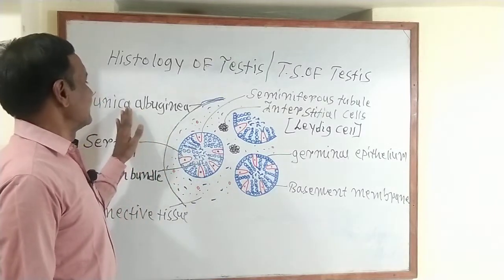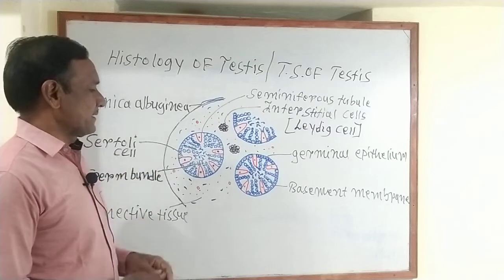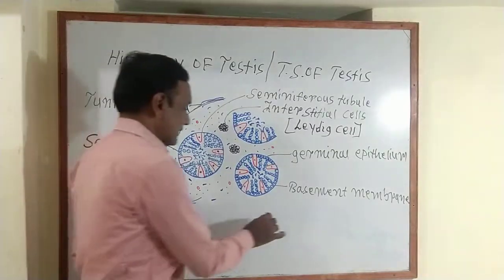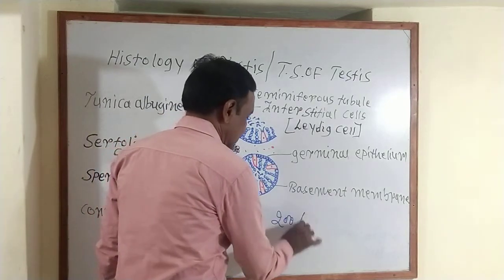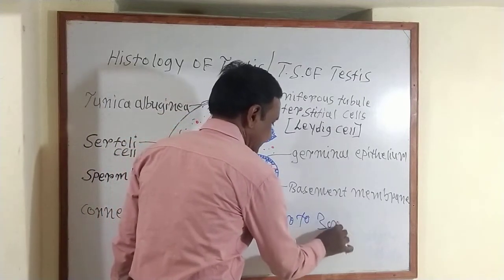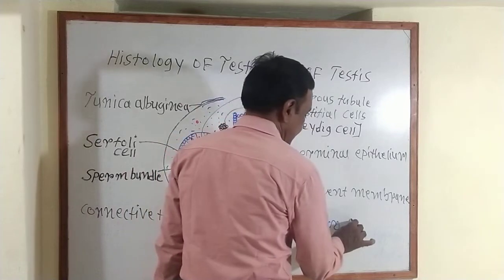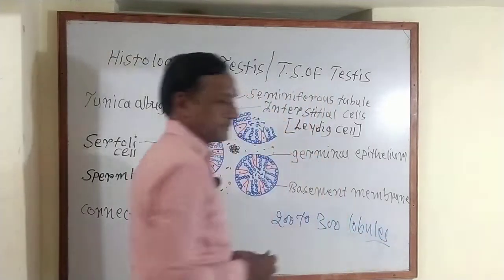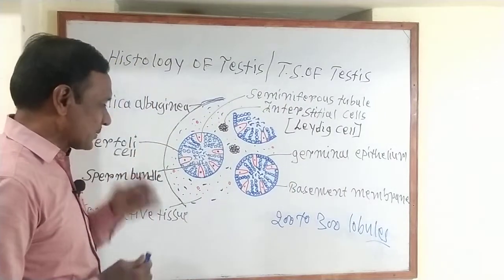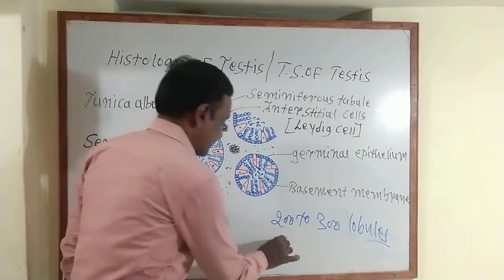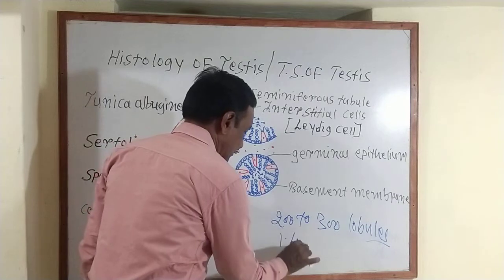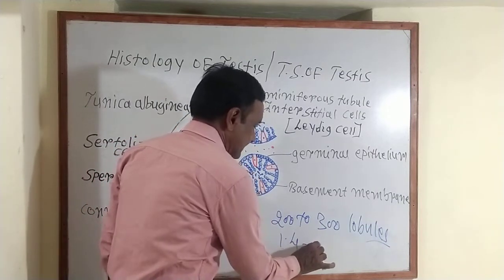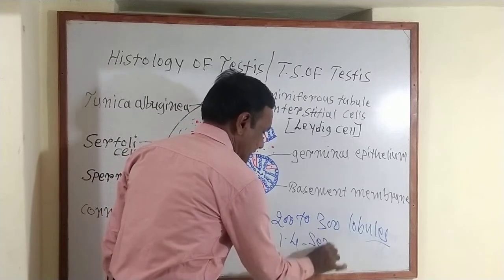Internally, this tunica albuginea is divided into 200 to 300 compartments that are called lobules. Each lobule contains 1 to 4 highly coiled seminiferous tubules.